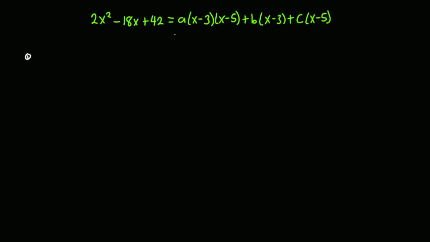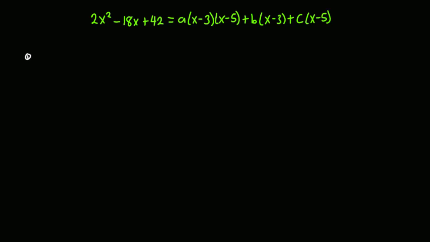If I want to eliminate a, I have to pick a value of x such that when I subtract 3 from it, I'll get 0, so that 0 times what you have here and a will give us 0. Also, choosing that same number will eliminate b, but it wouldn't eliminate c.